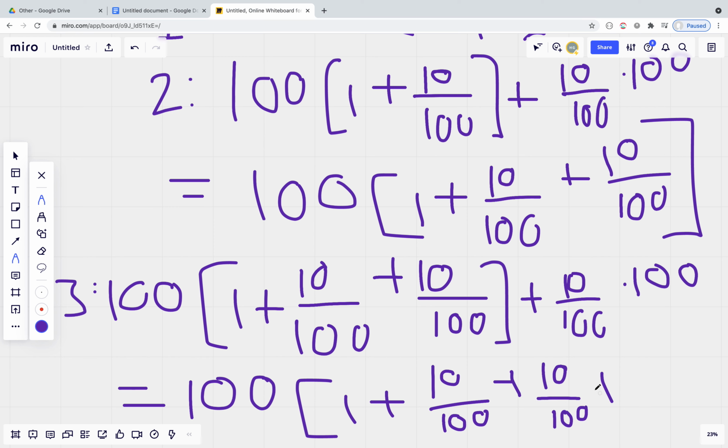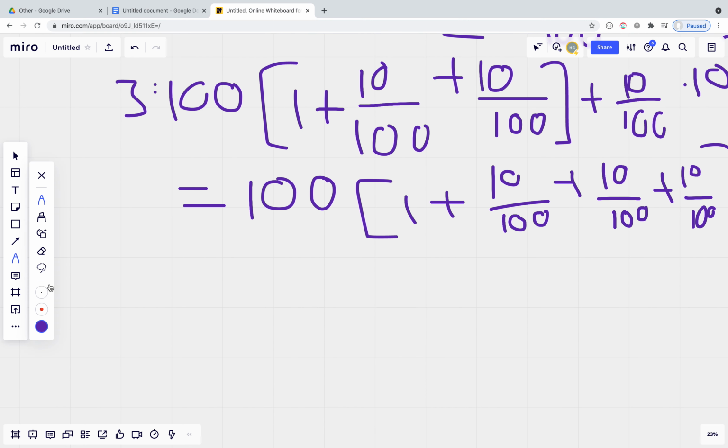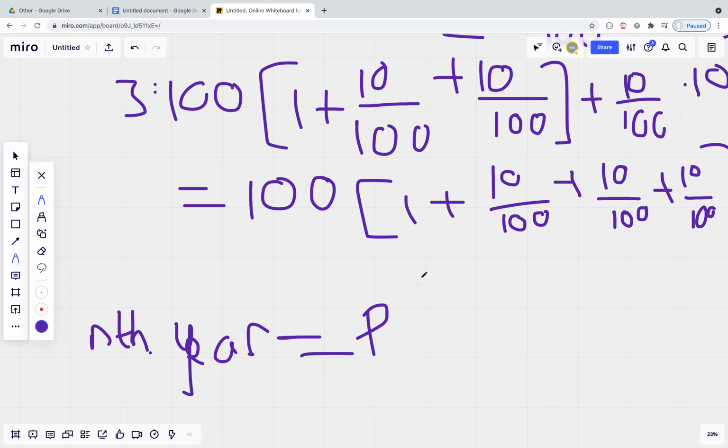And similarly, if you keep repeating this for year 4, year 5, year 6, and so on, you should see some sort of a pattern. And from that, we can generalize, and we can say that in the nth year, apologies for the horrible handwriting, you owe me the principal amount multiplied by 1 add NR over 100, okay, where P is the principal amount.